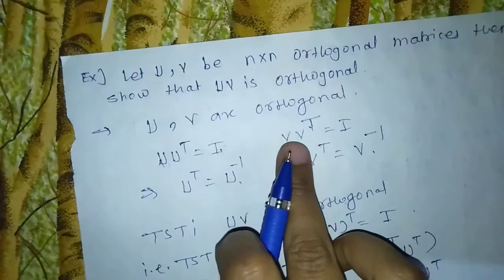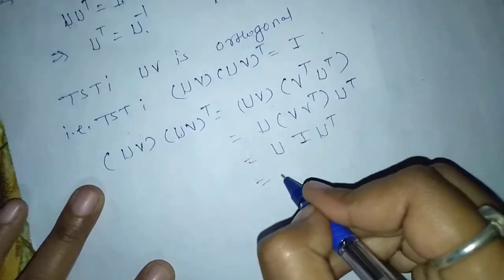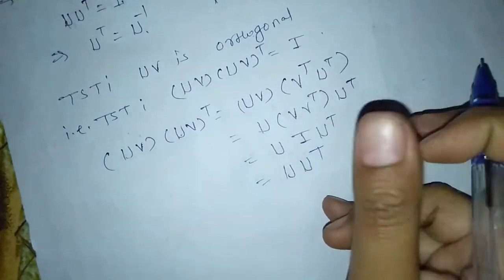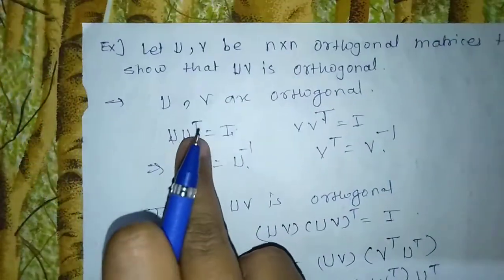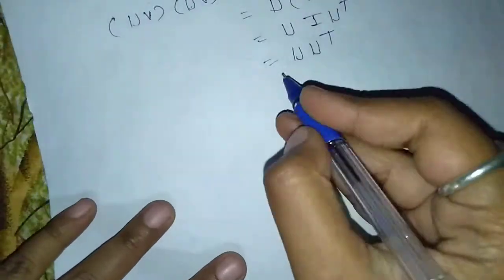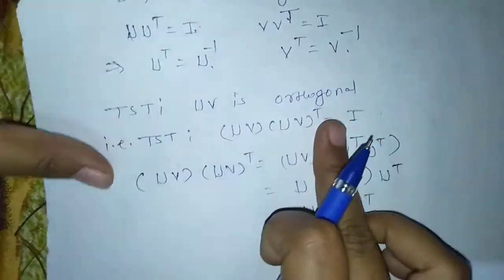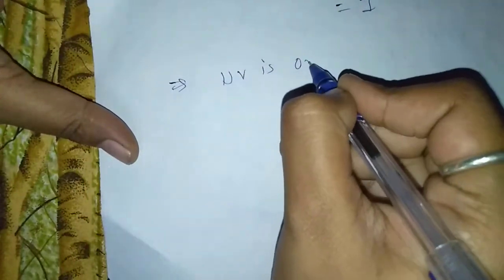V into V transpose is equal to identity, so U identity U transpose. So here we get U into U transpose, because identity multiplied by something is equal to something. U into U transpose is nothing but the identity. So here we get the right hand side. So UV is orthogonal.